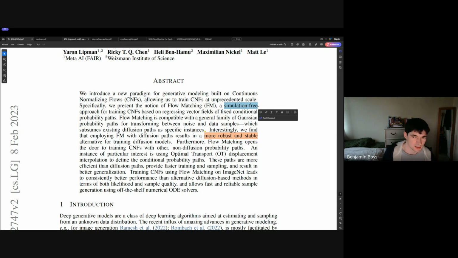Compute the error, take a gradient. That's called a simulation-free approach, and that's why diffusion models are scalable. But no one knew how to do continuous normalizing flows with a simulation-free approach. So that's the main innovation of this paper: it extends continuous normalizing flows to a simulation-free approach by taking inspiration from diffusion models.